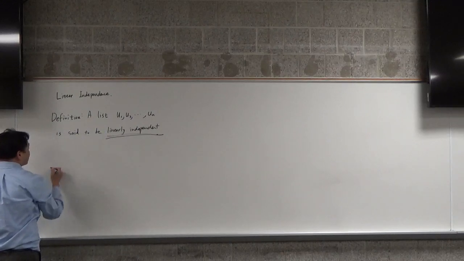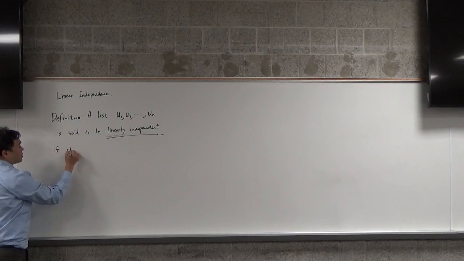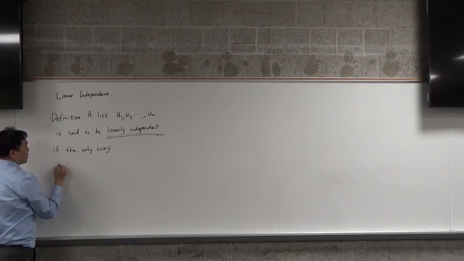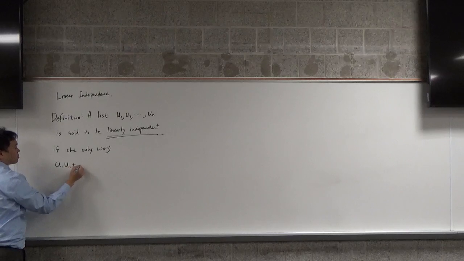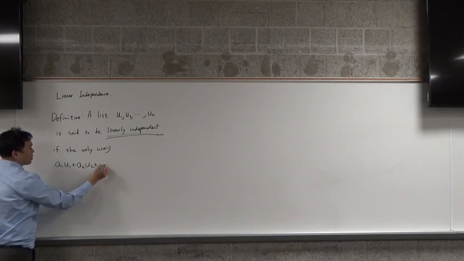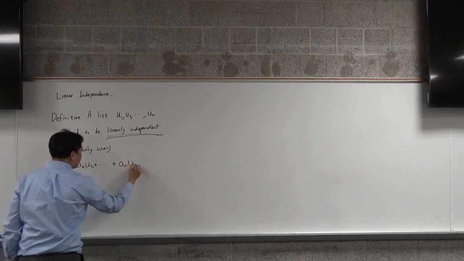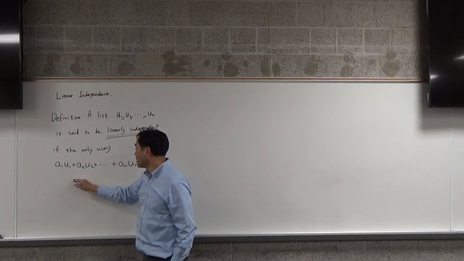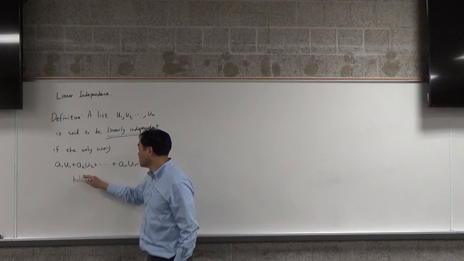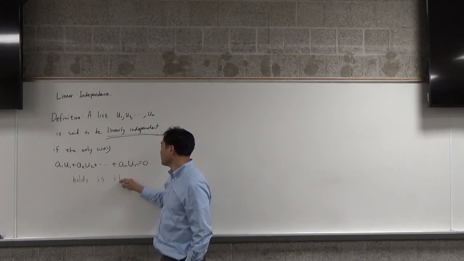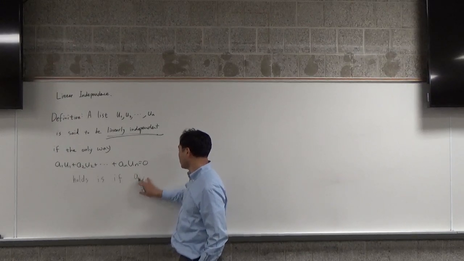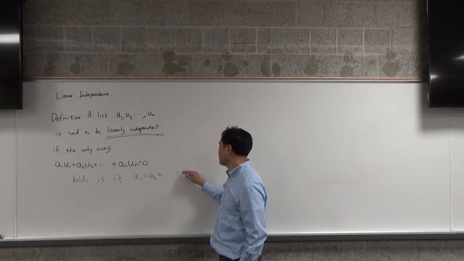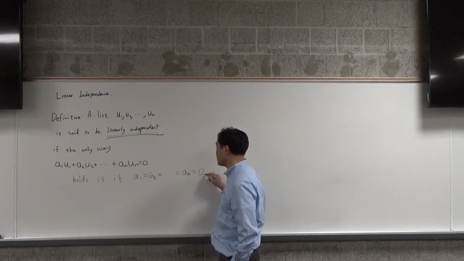important word here, if the only way a1 times u1 plus a2 times u2 all the way up till an times un equal to 0 holds is if all of the a1, a2, and everything an are 0.